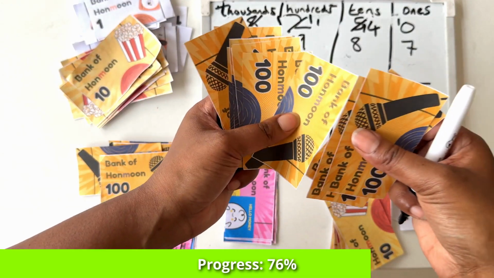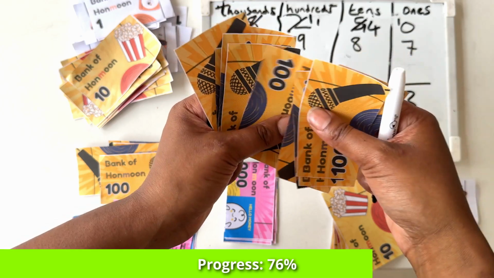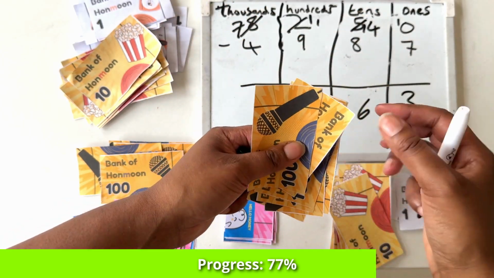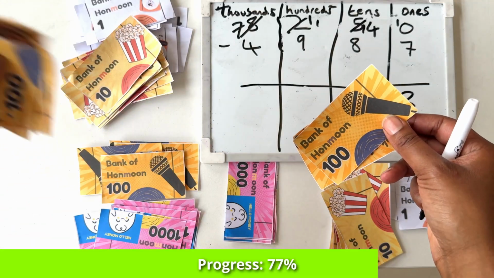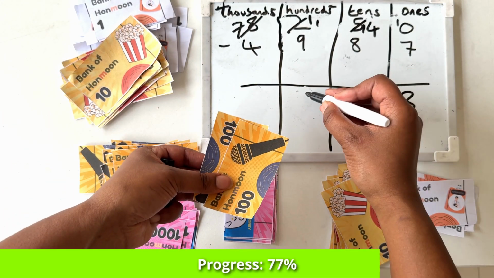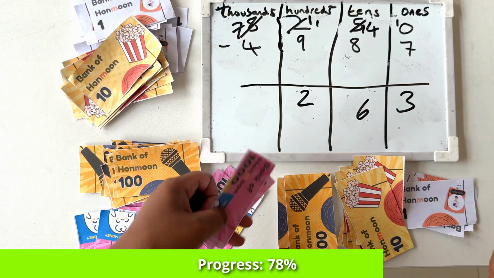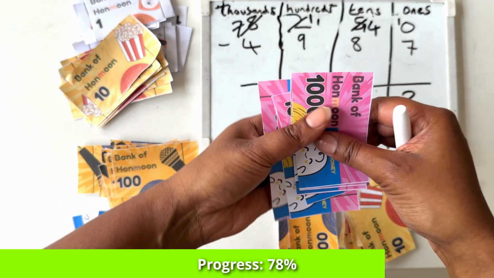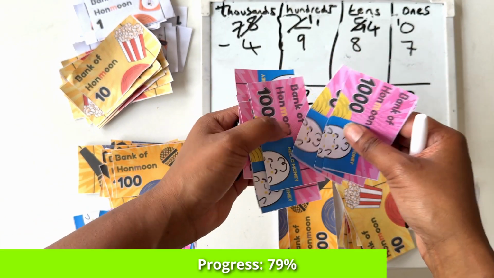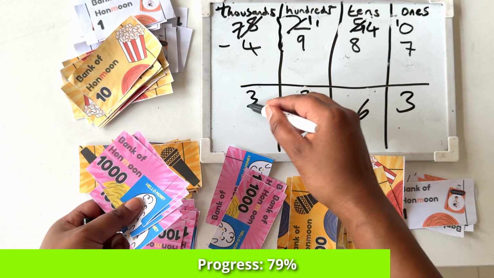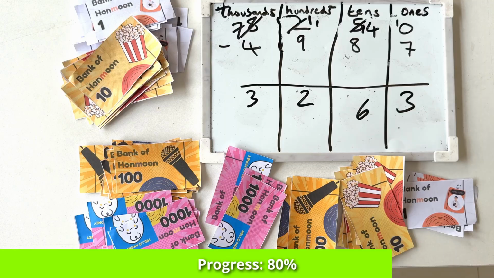Take away 9. That's 2. And then we have 7 thousands. So I can go 1, 2, 3, 4. That leaves 3. So you should have got 3,260.